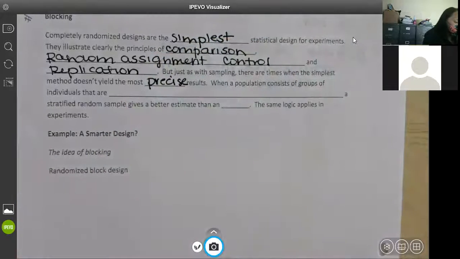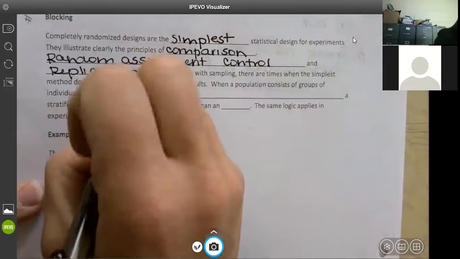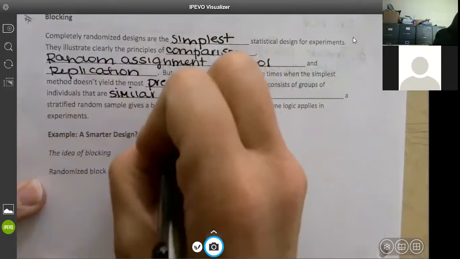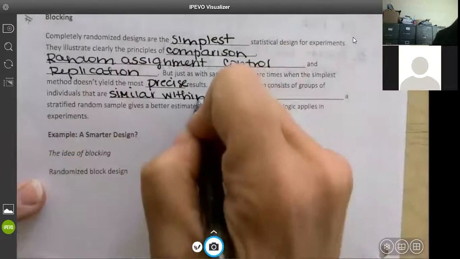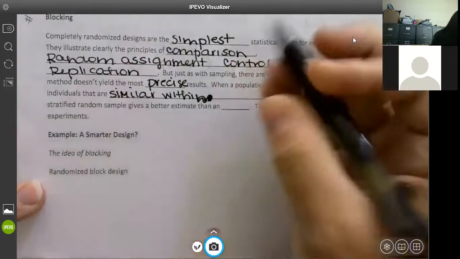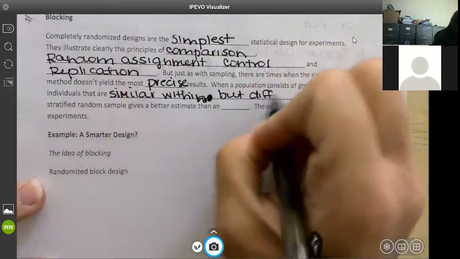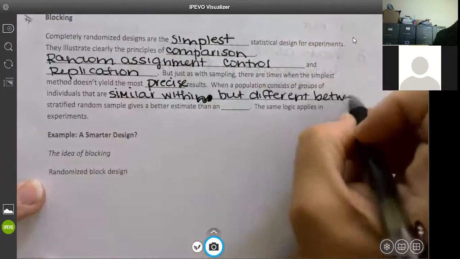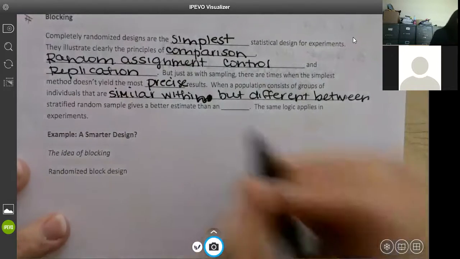When a population consists of a group of individuals that are similar within groups but different between groups, a stratified random sample gives a better estimate than an SRS.